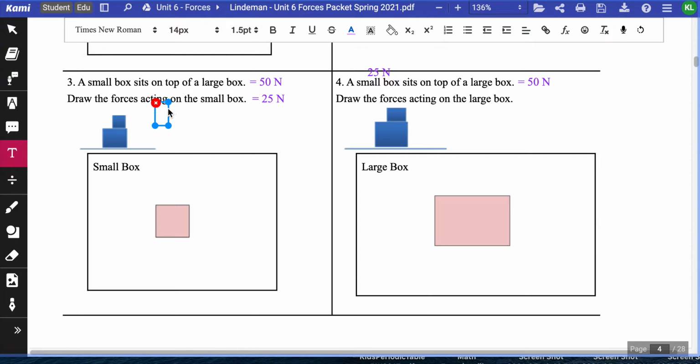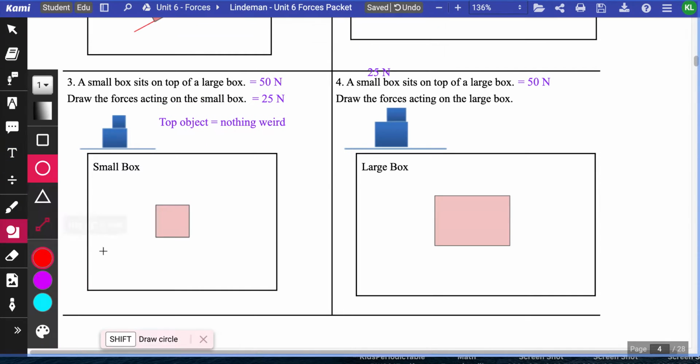Okay. The thing to keep in mind with the stacked objects is whatever object is on top, nothing is weird. Meaning, if you're the top object, you have no push or pull forces. You are just the top object.